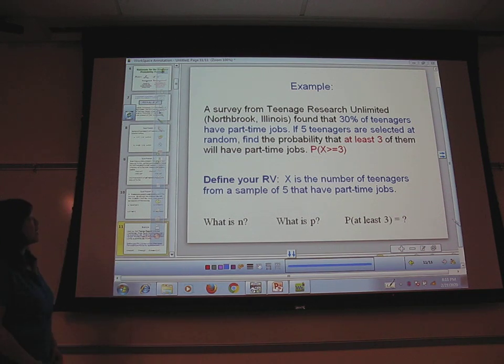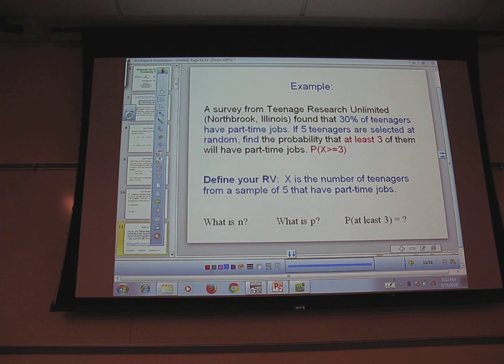So everybody, for 15 seconds with neighbors, find my N and my P. All right, what's my N? 5. It's my sample size. I'm selecting 5 teenagers. That's my N, my sample size.